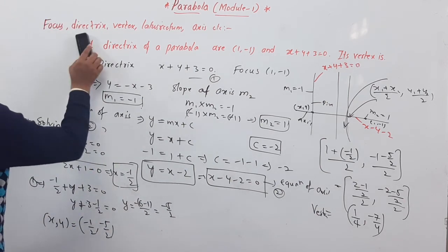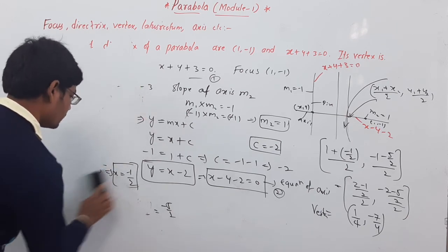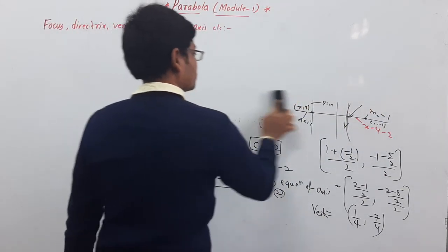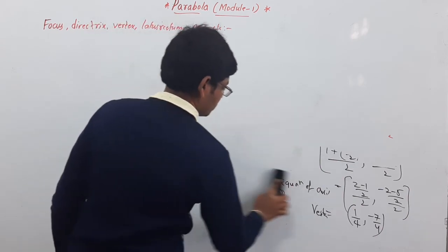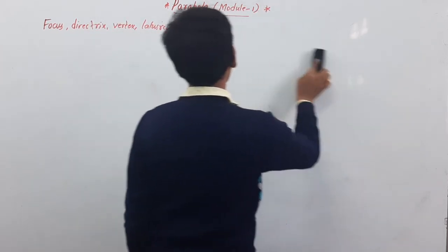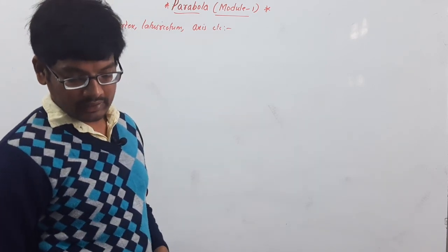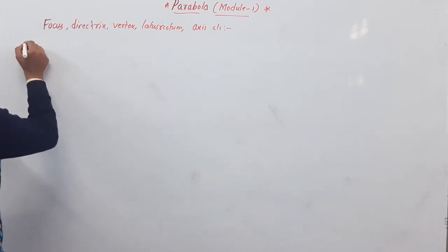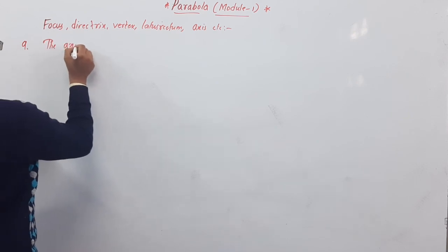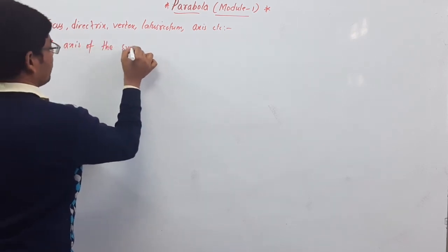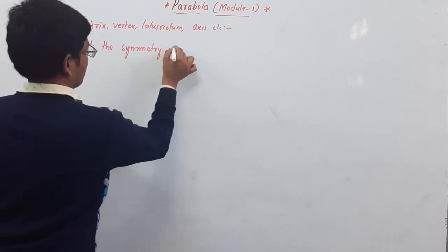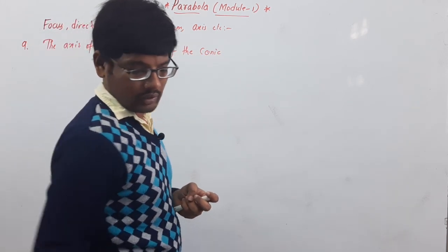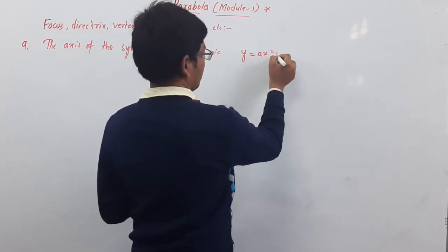And the next question in the same topic is: the axis of symmetry of the conic y is equal to ax square plus bx plus c.